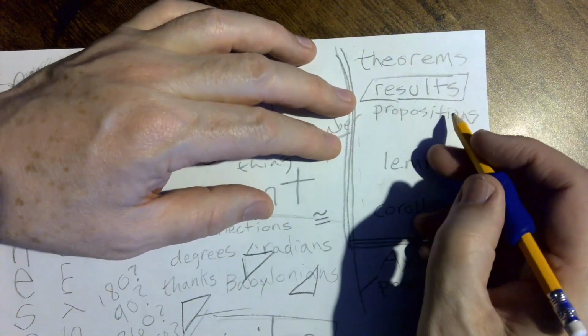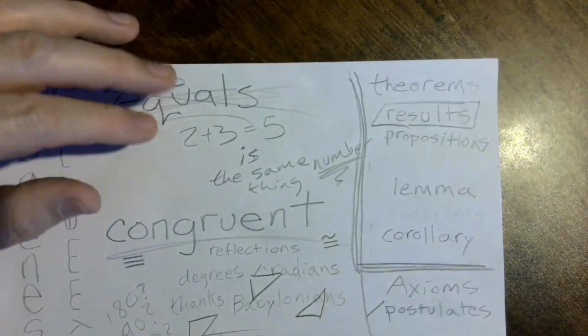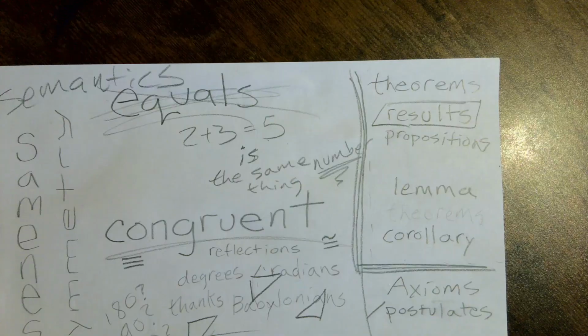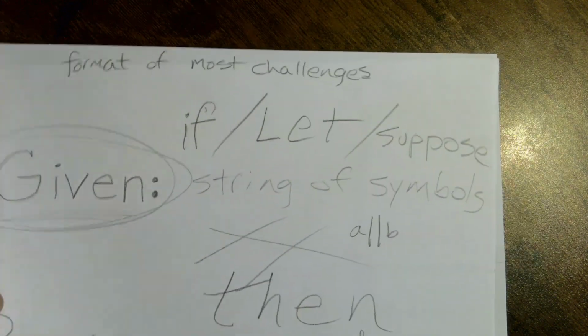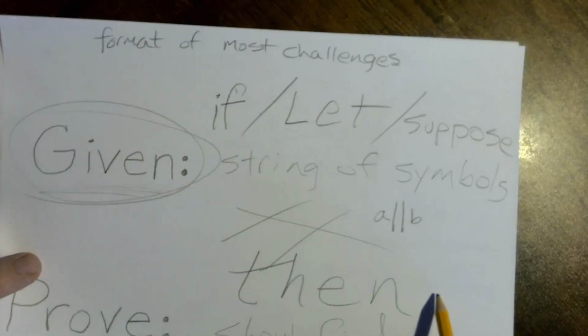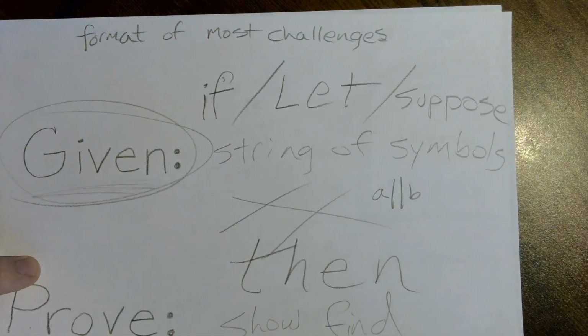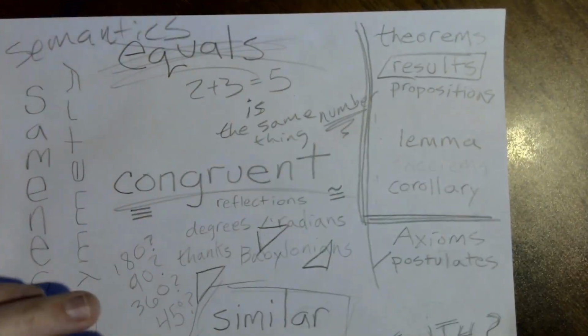Propositions as well. These are theorems. It's a statement proven true. We could change the format, or just not go all the way to write it in the format of a theorem, but it's a statement proven true.